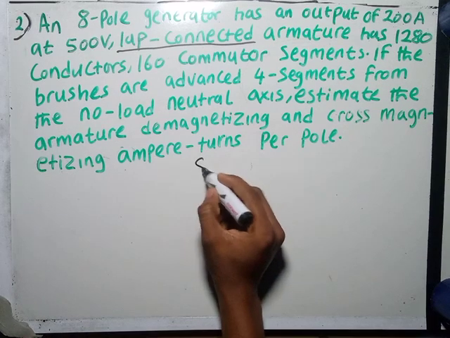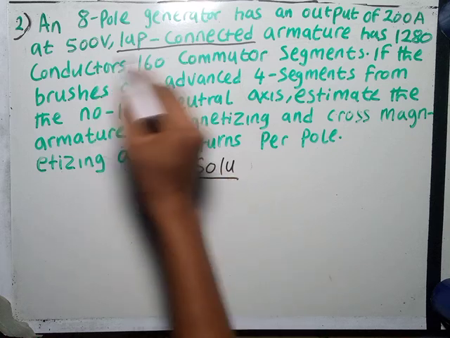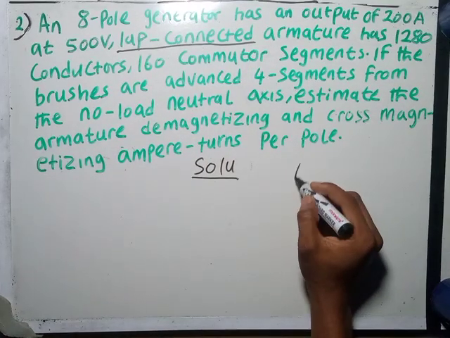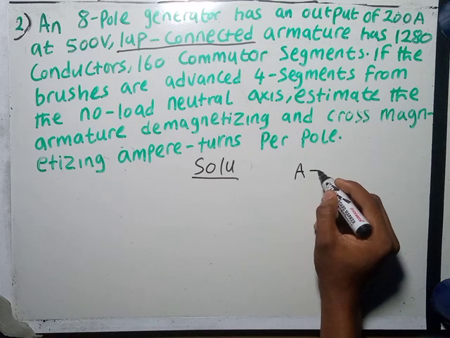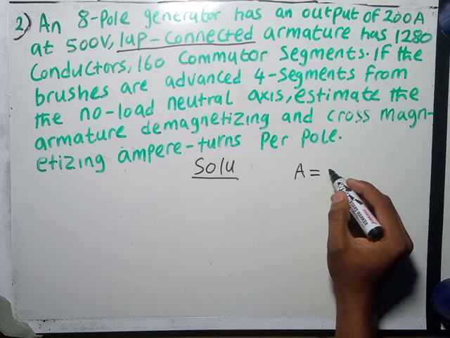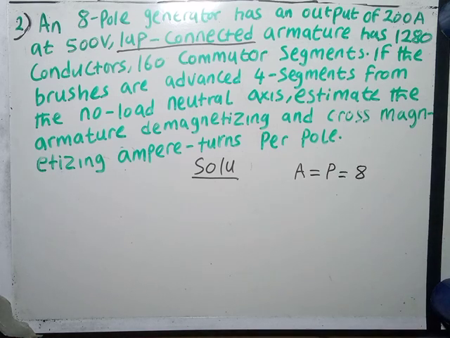Okay, so we know that it is lap. So our A is therefore the number of what? Poles, which is what? 8. We know this one.